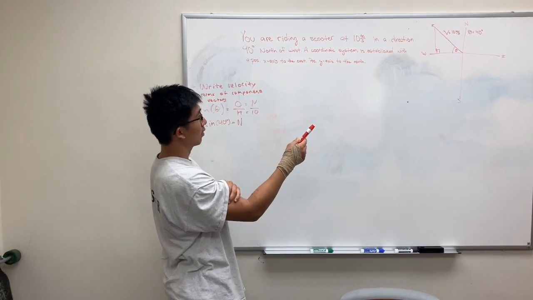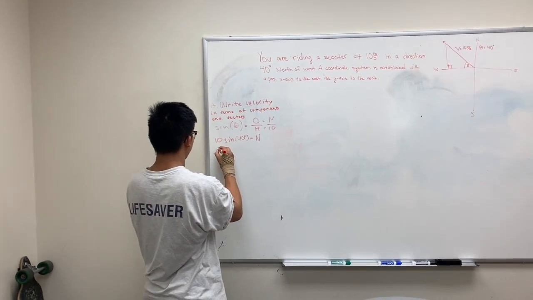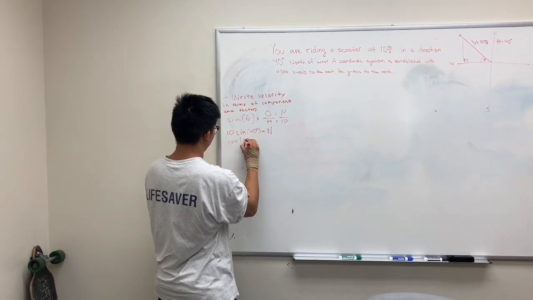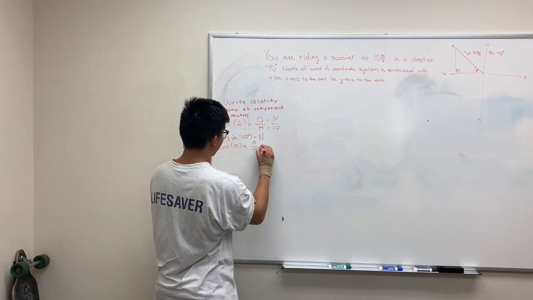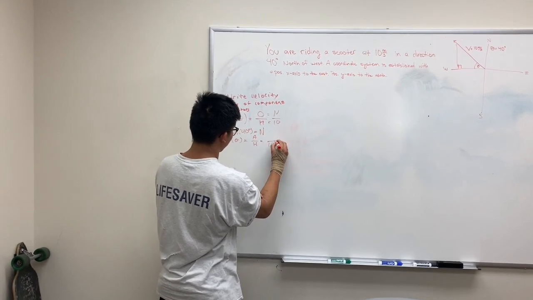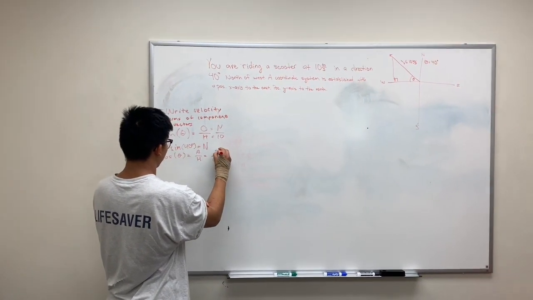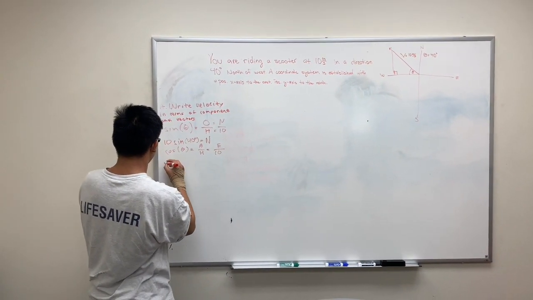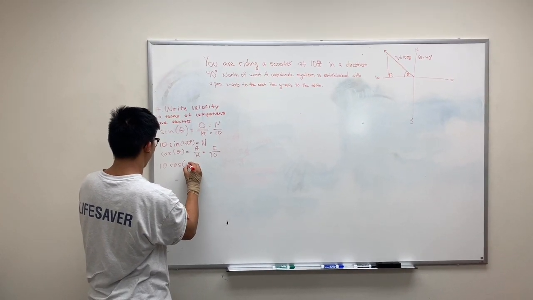And you can do the same thing for the east, but instead we'll be using cosine because it's adjacent, so it'll be cosine theta equals adjacent over hypotenuse. Again, your hypotenuse is 10, and then your adjacent would be the east component.